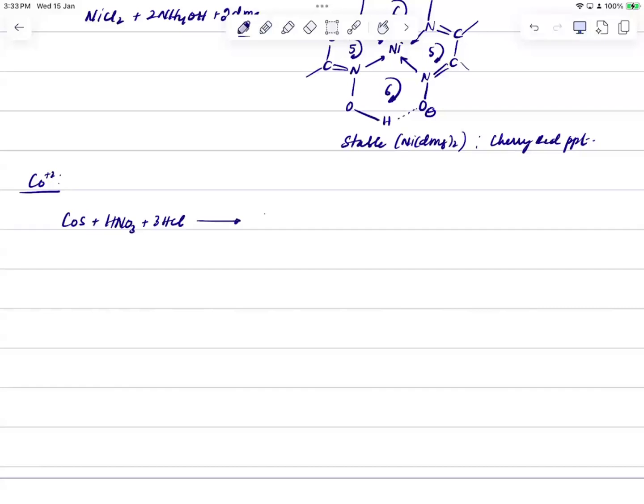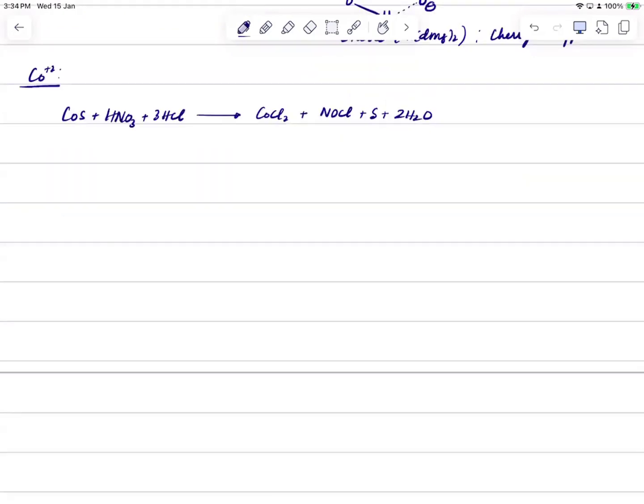Then you will get CoCl2 plus NOCl plus sulfur plus 2 moles of H2O. Okay. Just a minute.